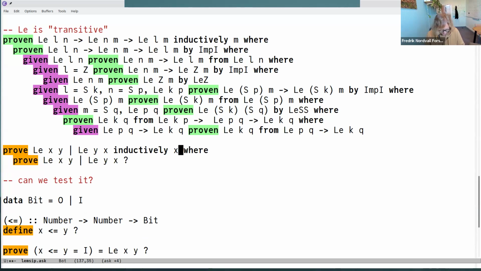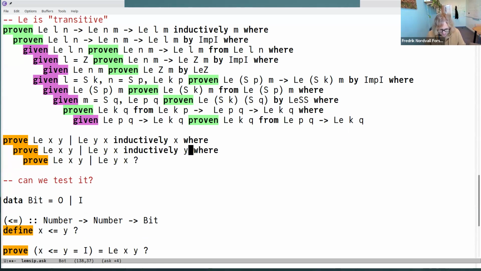Okay, and there is absolutely no reason to prefer x over y, right? So I suspect they also want to do inductively y. No, you don't. Well, it doesn't cost me anything. They're both going to get smaller. Generally speaking, doing inductively twice in the same construction causes Agda to have a bit of a hissy fit.